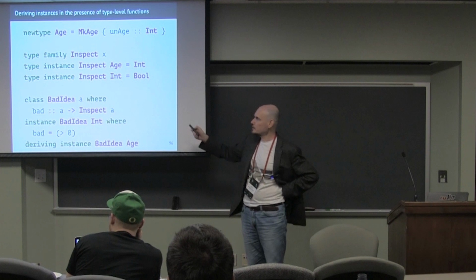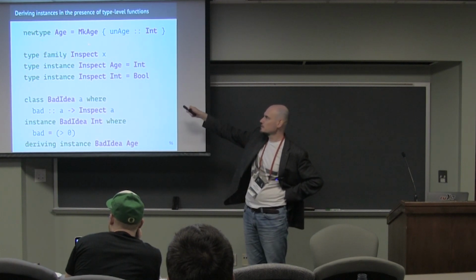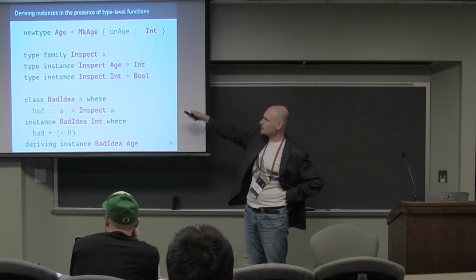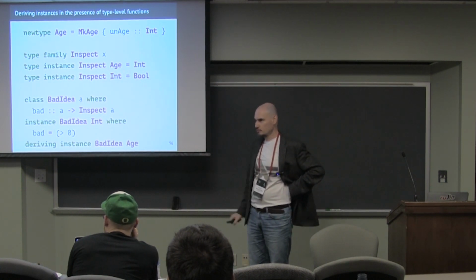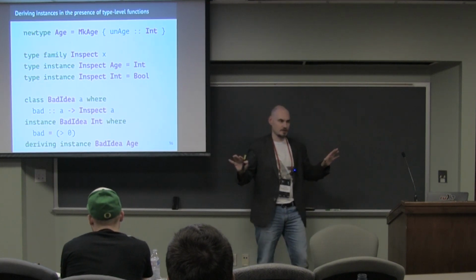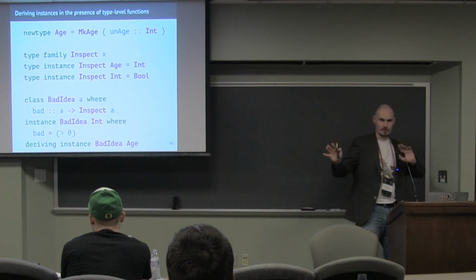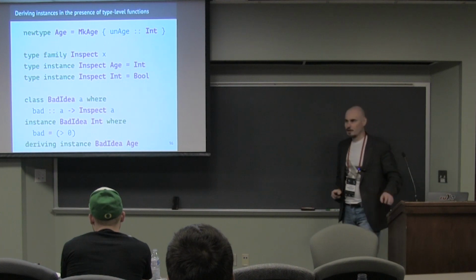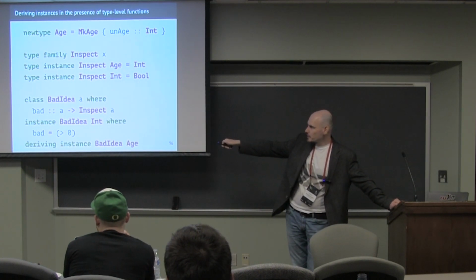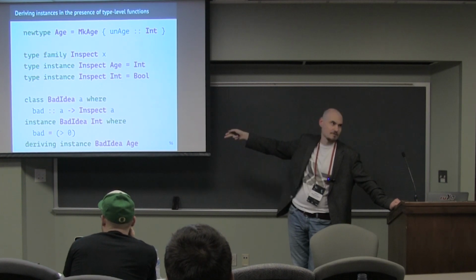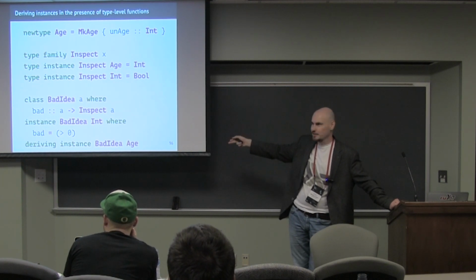So let's say you have this type level function Inspect, which is defined as follows. For Age type, it gives you Int, and for Int type, it gives you Bool. Just a type level function. You convert one type to another. Then you have this type class BadIdea, well, meaning that it's a bad idea.